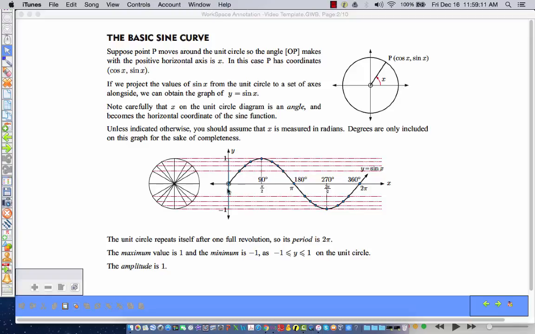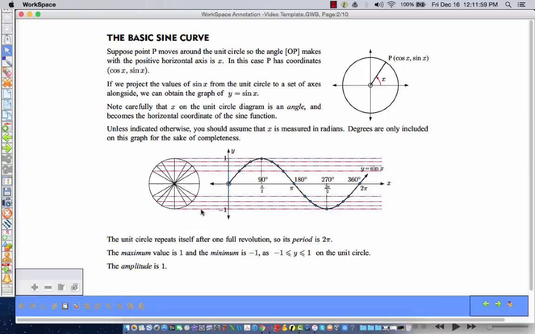For example, if the x-axis is the angle measure in radians, and this rotates pi over 2 radians, the sine of pi over 2 is equal to 1, creating the ordered pair pi over 2, 1. If we rotated to pi, we create the ordered pair pi, 0, because that is the distance of the angle in radians, and the sine of pi is equal to 0.